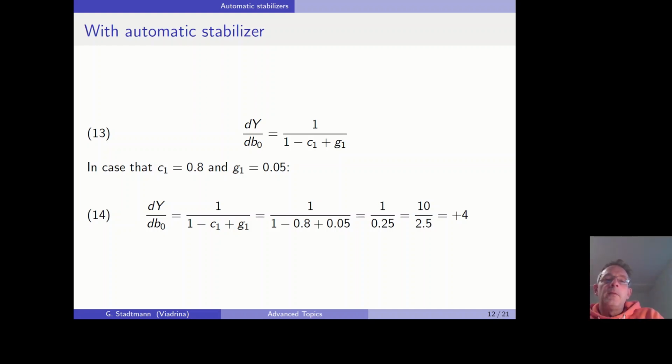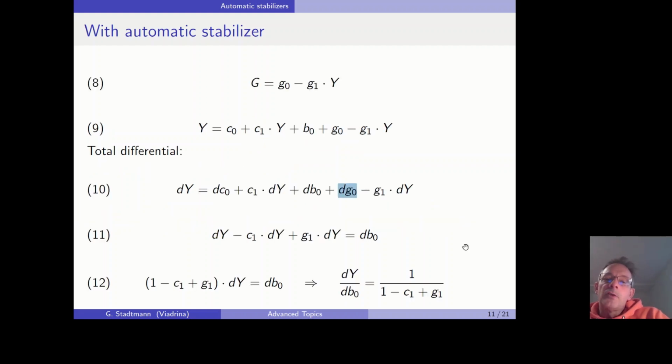So there is a benefit of an automatic stabilizer, because when this automatic stabilizer is in place, a negative goods demand shock has a smaller impact on GDP compared to the situation without an automatic stabilizer.